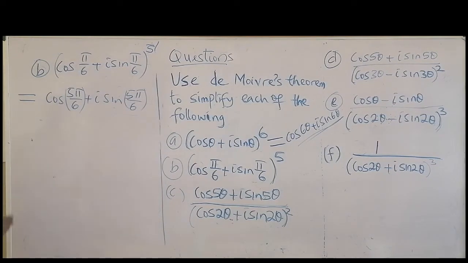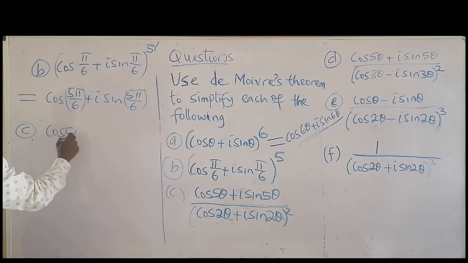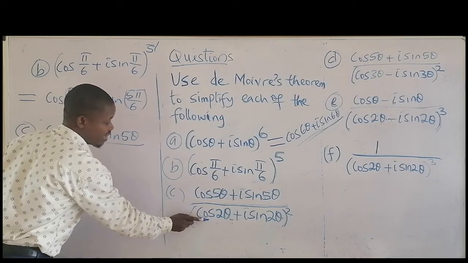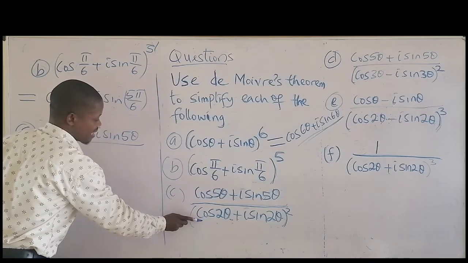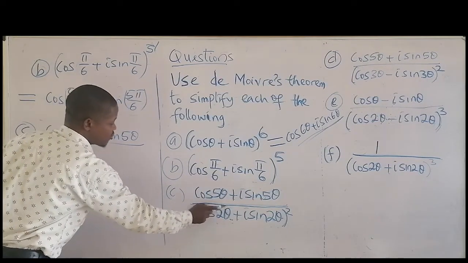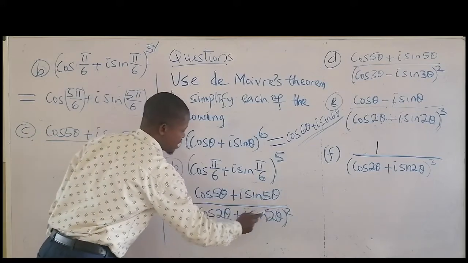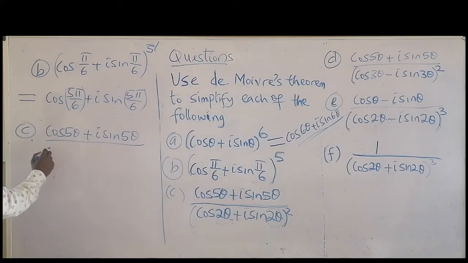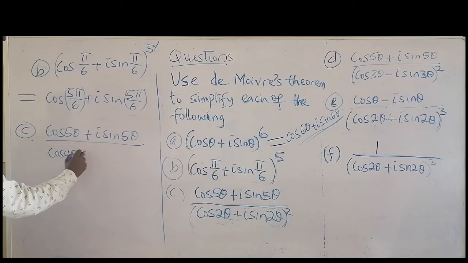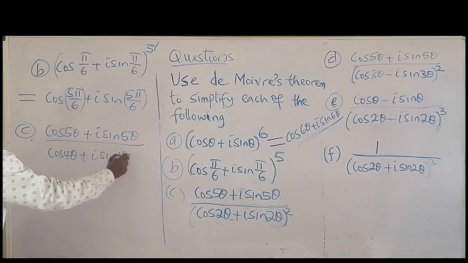Then the third one, the C part. We're going to have this. Then apply the De Moivre theorem for this. If you apply the De Moivre theorem, this will be the angle here times 2, so we have cos 4 theta plus i sine 4 theta.